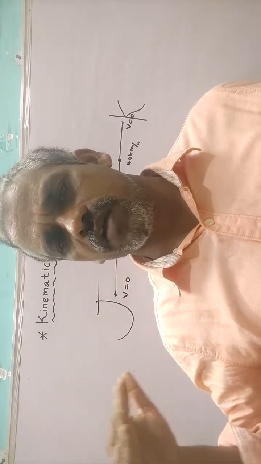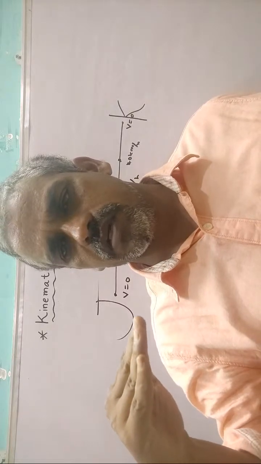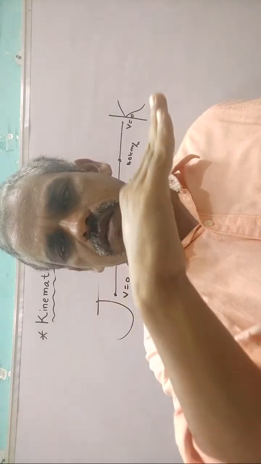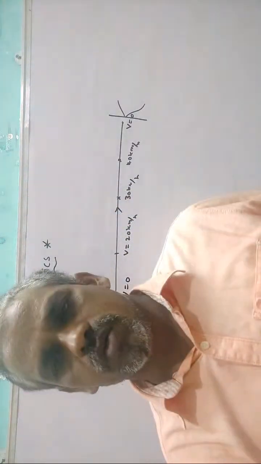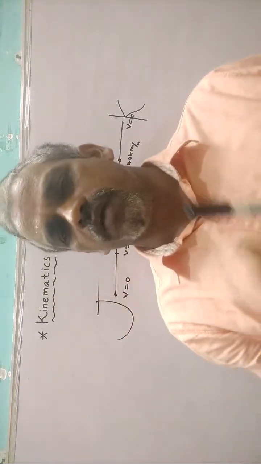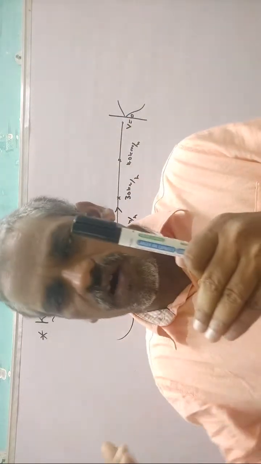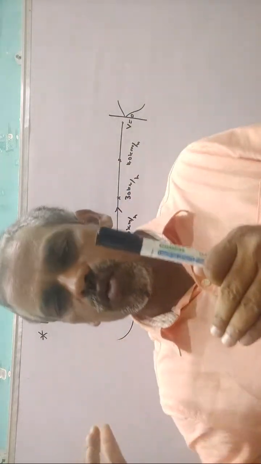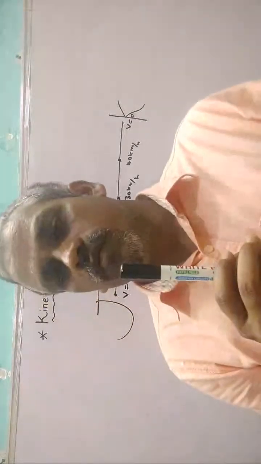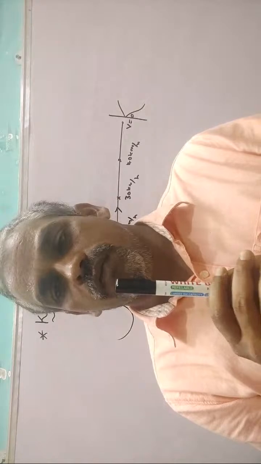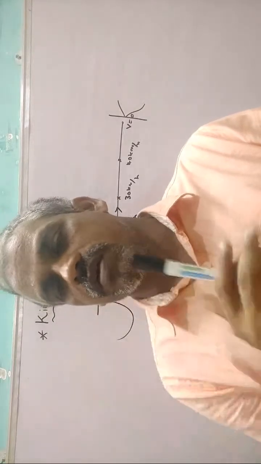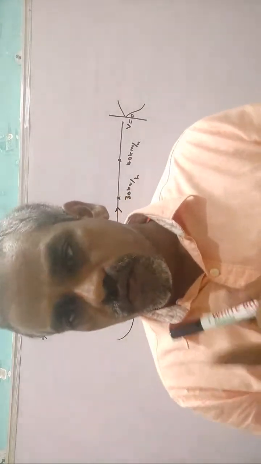Initially you don't have any velocity, then you increase it, and finally stop. So what are you observing here? The velocity is changing while traveling from Jaityal to Karimnagar. The velocity changing means velocity is a vector quantity.